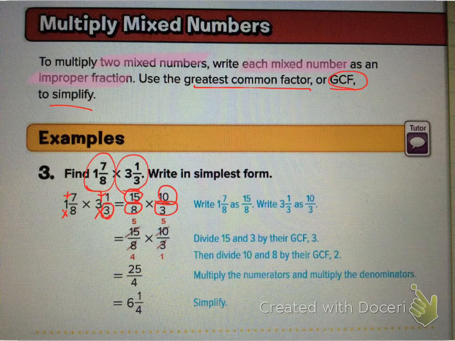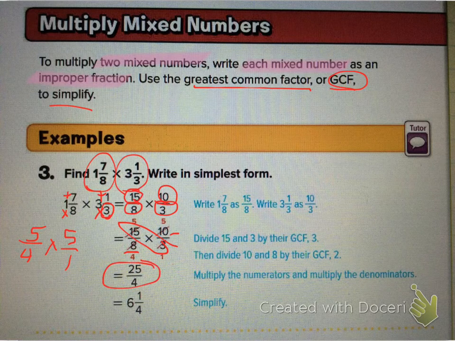Then we can simplify within the problem here. 8 and 10, 2 can go into 8 4 times. 2 can go into 10 5 times. 3 and 15, 3 can go into both. 3 goes into 3 once, 3 goes into 15 5 times. So now we have 5 over 4 times 5 over 1. We end up with 25 over 4.